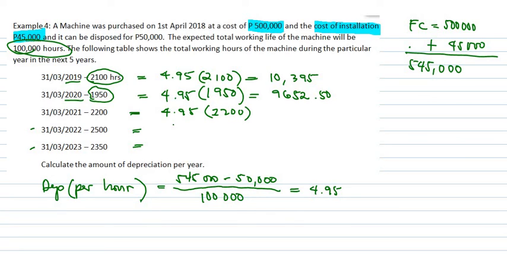Same with this one, we will multiply 4.95 by 2,200, then 4.95 by 2,500, and also 4.95 by 2,350.